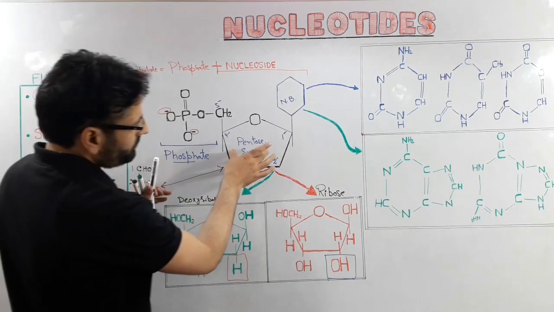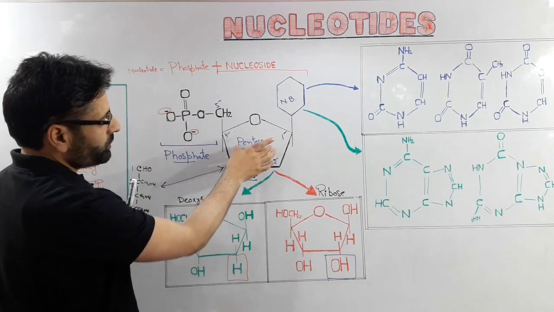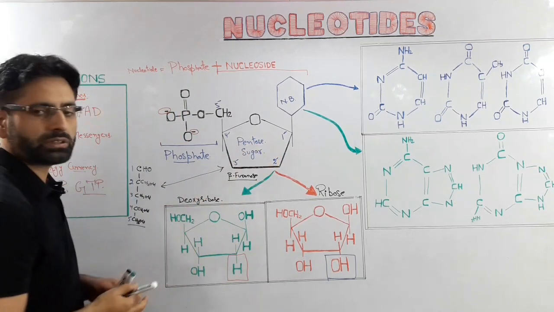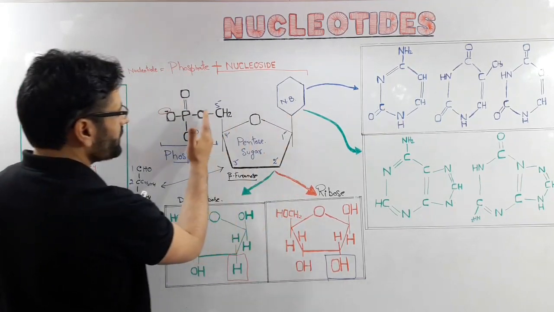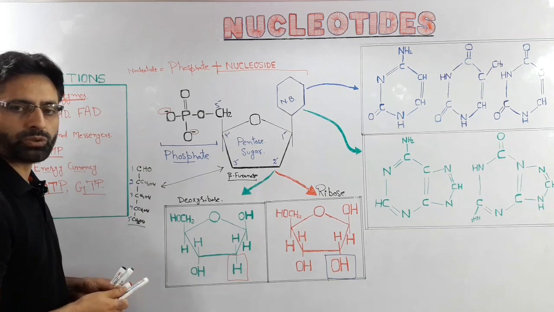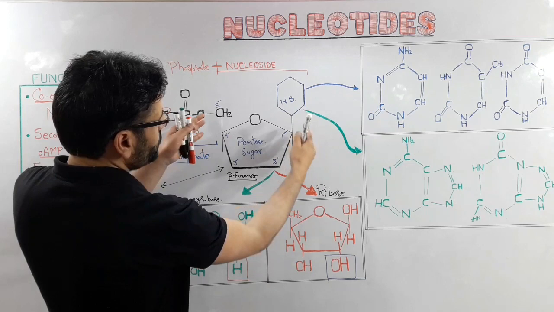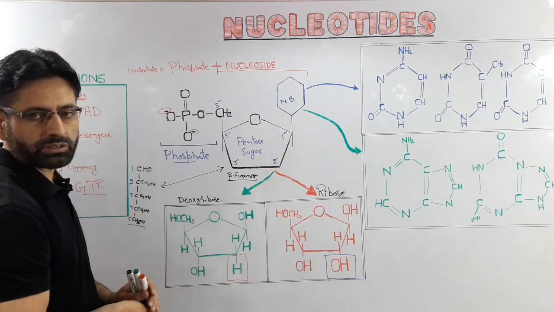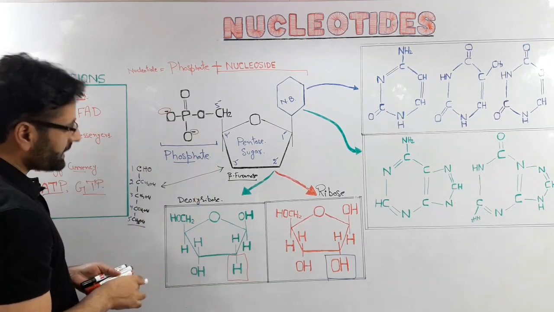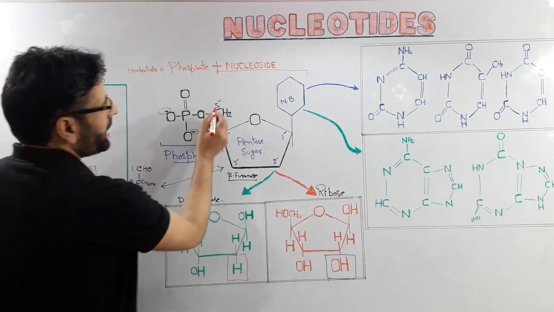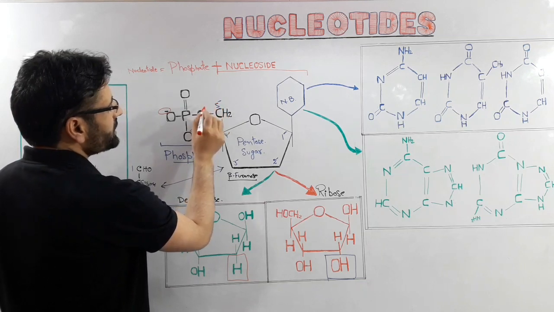Now you can say at the center of this nucleotide molecule we have this pentose sugar, and on one side we have this nitrogen base, and on the other side we have this phosphate group. This nitrogen base and this phosphate group are linked by two different covalent bonds to this pentose sugar. This phosphate group is attached to the sugar at the 5th carbon, 5 prime carbon, through phosphoester linkage.